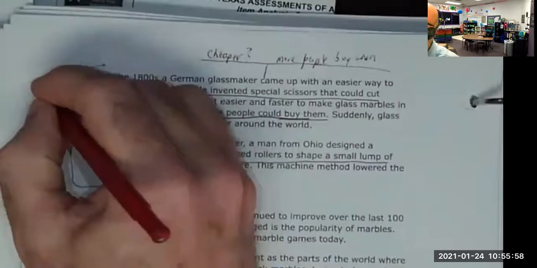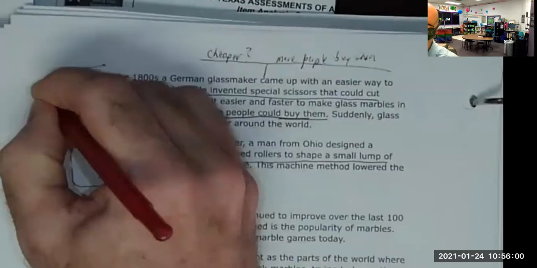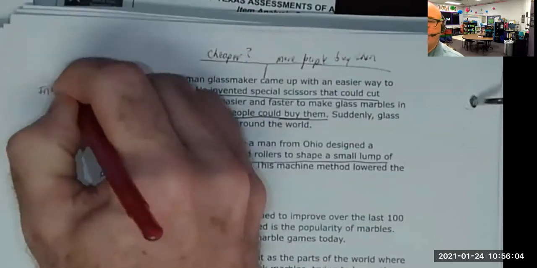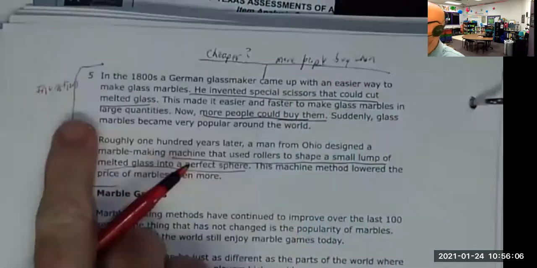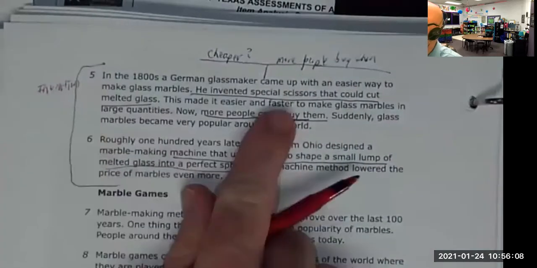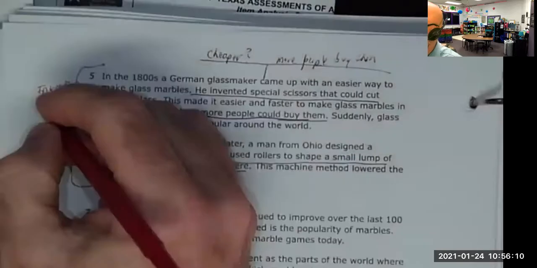All right. If you read the paragraph, there's an invention that was made that allows you to cut glass, okay?